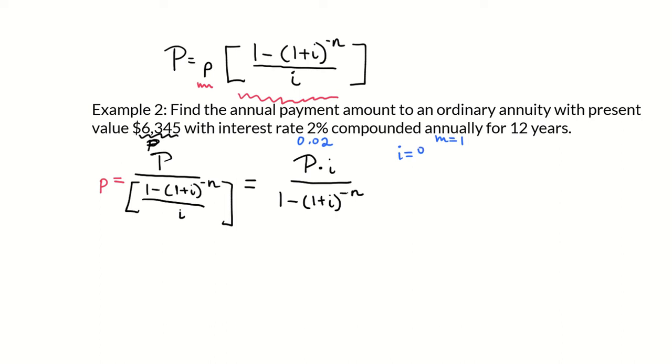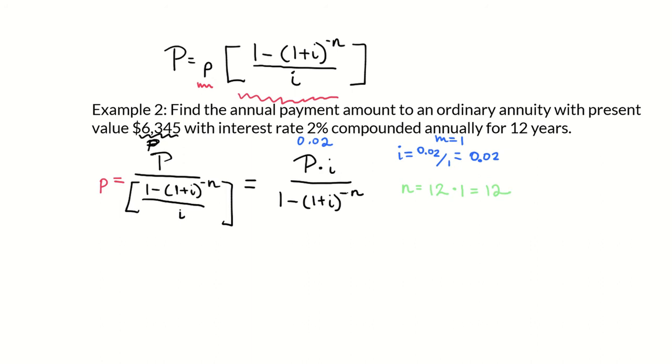So I is R over M, 0.02 over 1, which is just 0.02. Also, the number of compounding periods total is n, which is the number of years, 12, multiplied by the periods per year, which is 1, since it's annual compounding. So n is just 12.